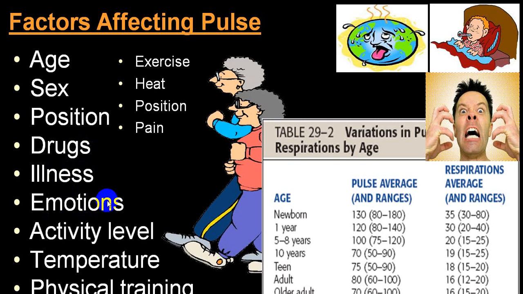Emotions, particularly anxiety, will always increase your heart rate. A physical activity will also increase your heart rate. Increase in your body temperature is going to increase your heart rate. Physical training will also increase your heart rate. Exercise, exposure to heat will also increase your heart rate. A pain will also increase your heart rate because it will produce anxiety.